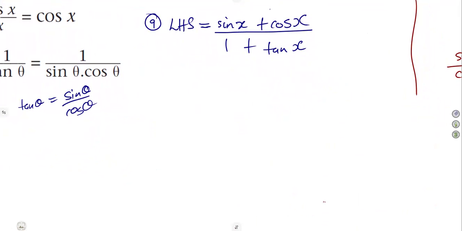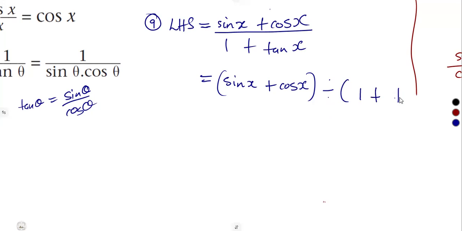So let us see. Tan is the same as sine over cos, so it's going to be interesting. Let me separate this way, guys. Sine of x plus cos of x. It was an expression, but we're going to take it as a single term. The moment we open the brackets like this, we are taking it as a single term, which is being divided by 1 plus the tan of x.